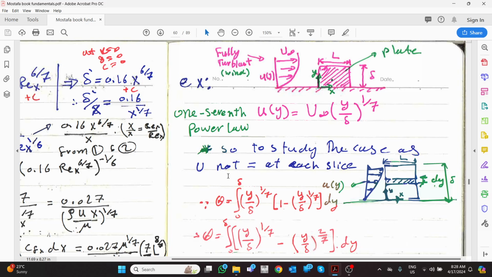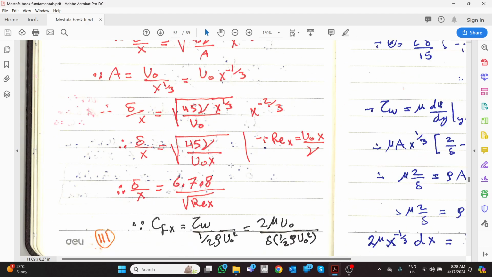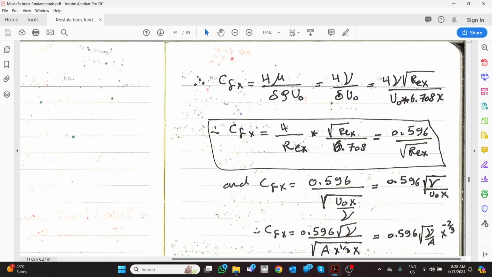So it is the same concept. We know that this one is 2 mu u naught over delta equal, it is just the same manipulation. So you will find 4u over delta equal, so it will be 4 gamma Rx. It is algebra. Okay. So you will have the terms of Cfx, of course.